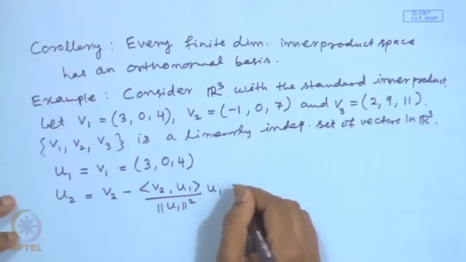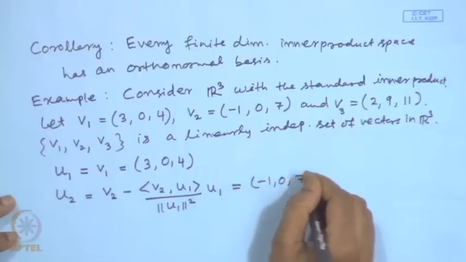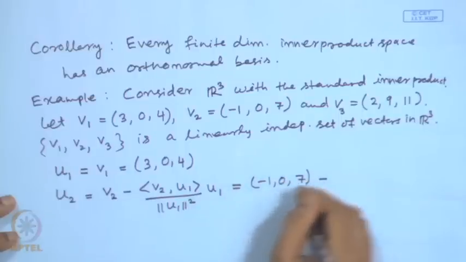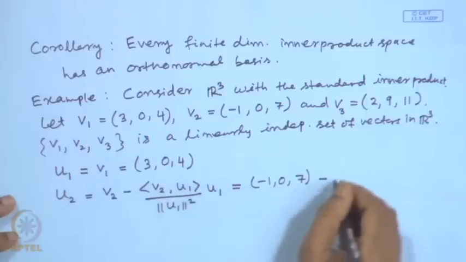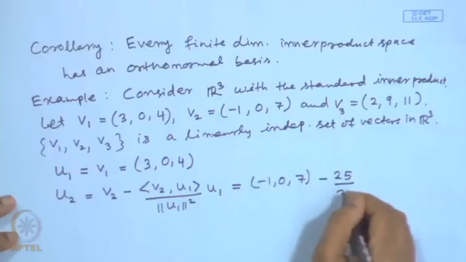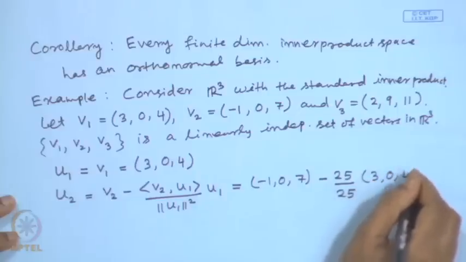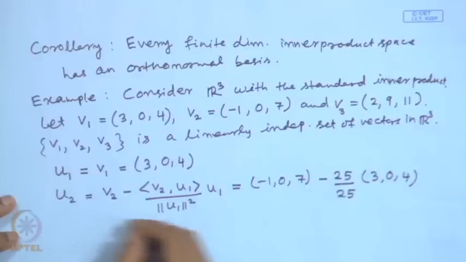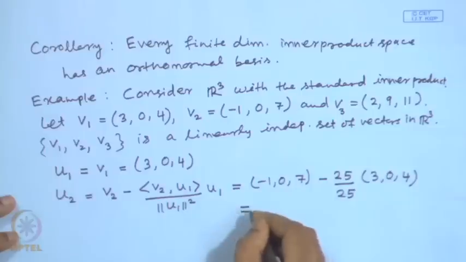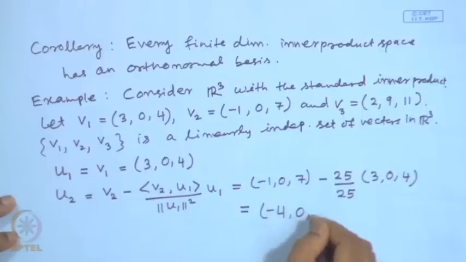So, this is equal to (-1, 0, 7) minus this inner product, which is equal to 25, and norm of U1 square is also equal to 25, times U1, which is (3, 0, 4). On simplifying, we get U2 equal to (-4, 0, 3).